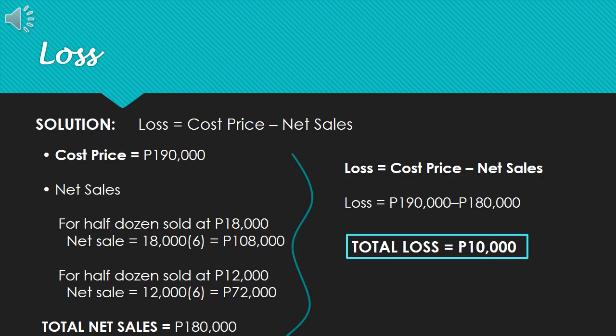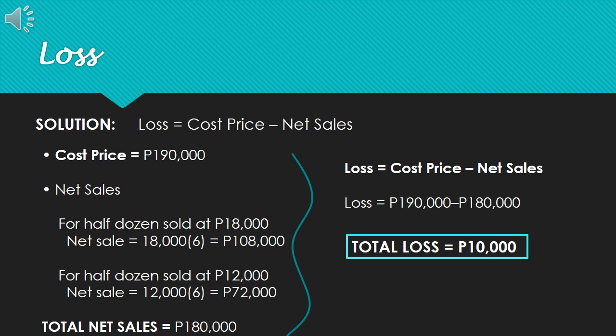For our solution, our working formula is loss equals cost price minus net sales. On our previous slide, we have the value of cost price, which is 190,000 pesos. Now, solving for net sales. First, for half dozen sold at 18,000 pesos, we have 18,000 times 6, so we get 108,000 pesos.